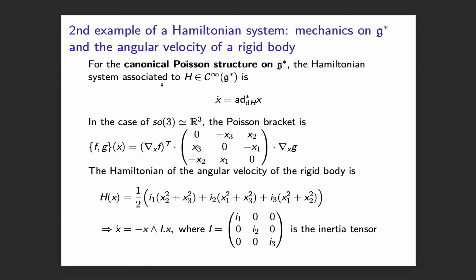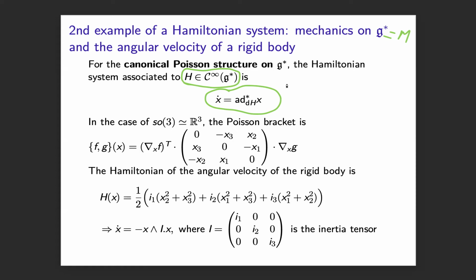For the canonical Poisson structure on G star, the Hamiltonian system associated to H, a smooth function on M, which is G star here, the dynamics, the Hamiltonian vector field generated by H, is x dot equal ad star of dH at x.